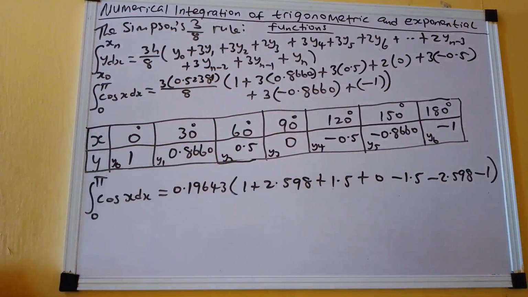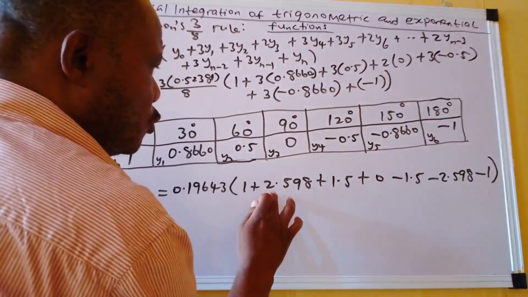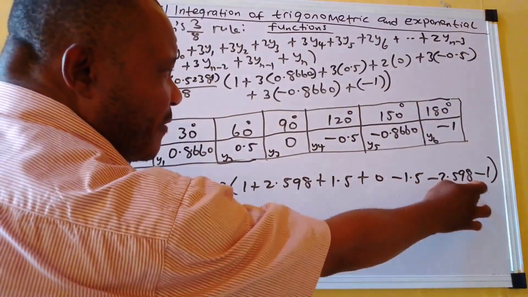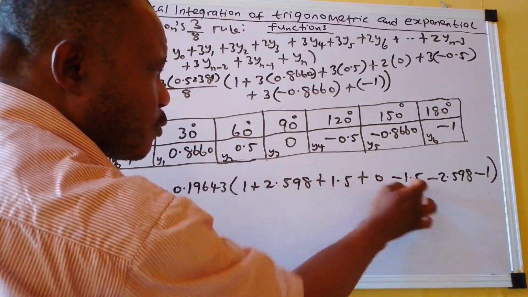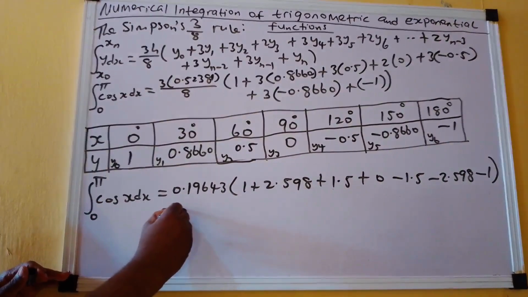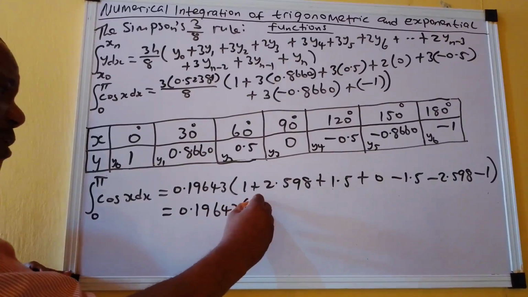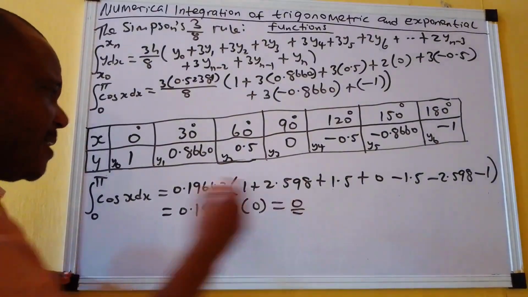You see that? It's as simple as that. So by the time you come now, you can see that 1 minus 1 cancels out, 2.598 minus 2.598, 1.5 minus 1.5, everything inside the bracket will become 0. So this will be equal to 0.19643 into 0. So again, we are getting 0.